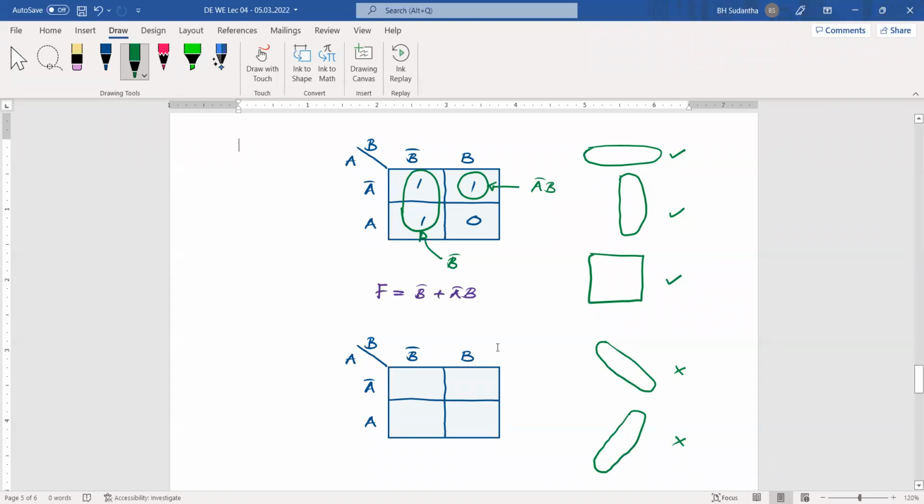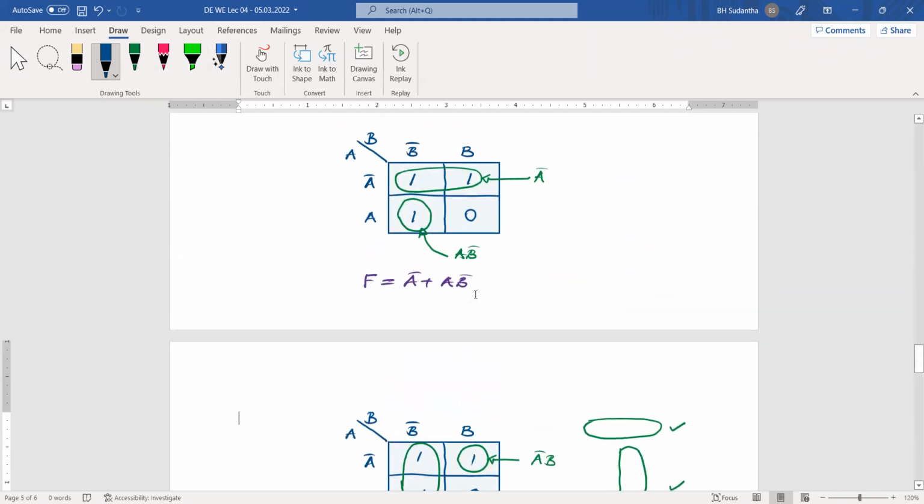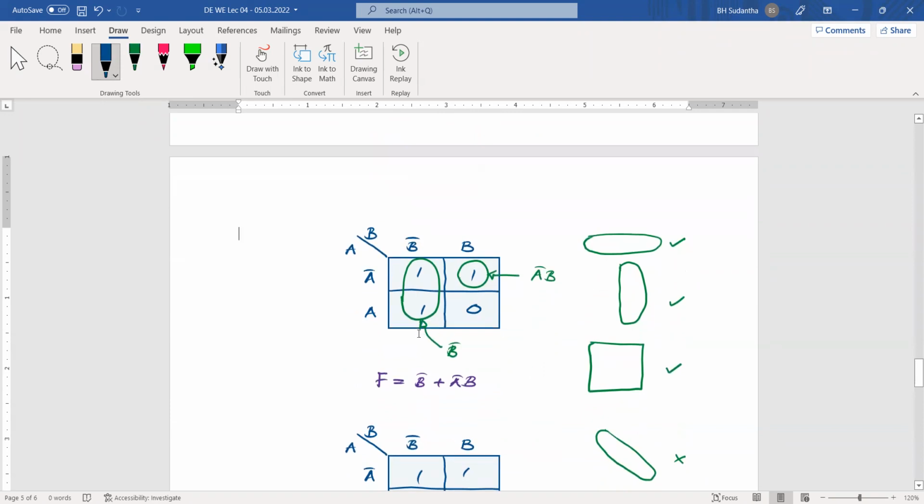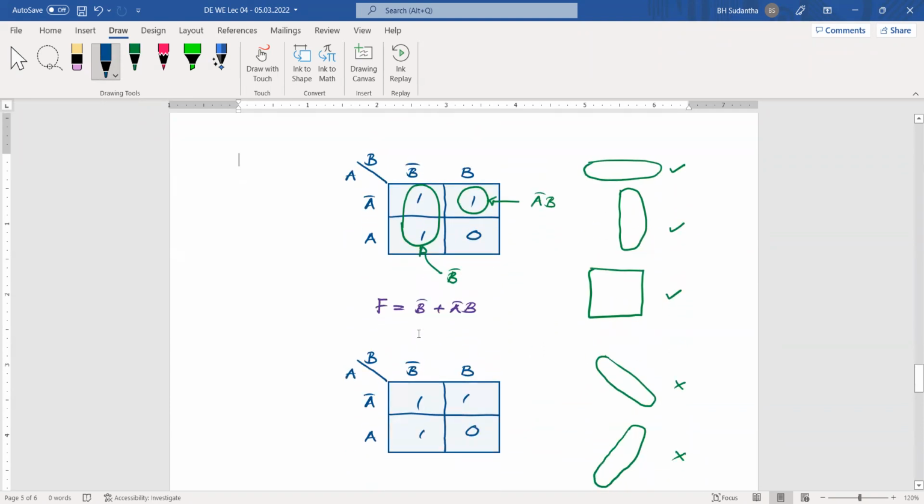and then here, what about that? In the previous case, we had this horizontal group. In the second case, we have this vertical group. What about if we have both things together?